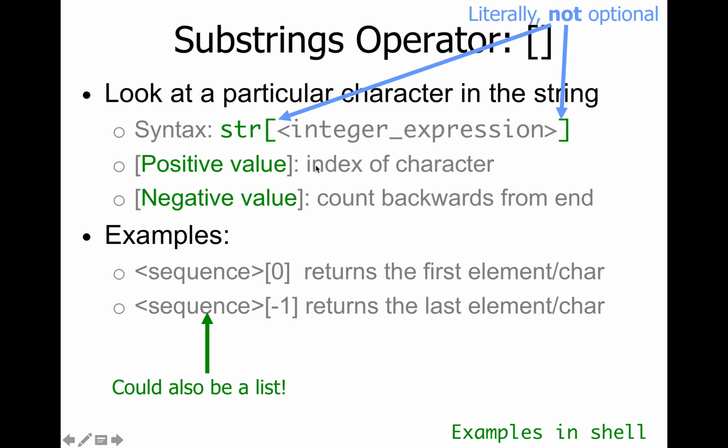If the integer is a positive value, it's the index of the character. If it's a negative value, it's also the index of the character, but instead of starting from left to right, the negative values start from right, go from right to left. So for example, if you put the name of a string or any sequence, like a list, with square braces 0 after it, it's going to return the first element.